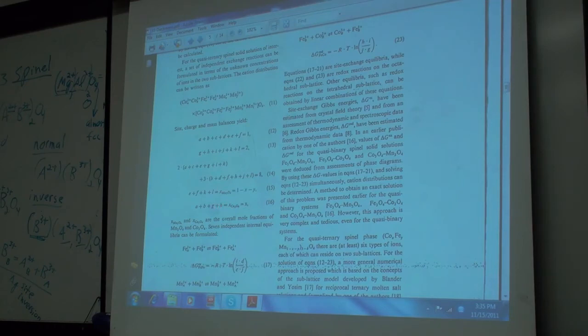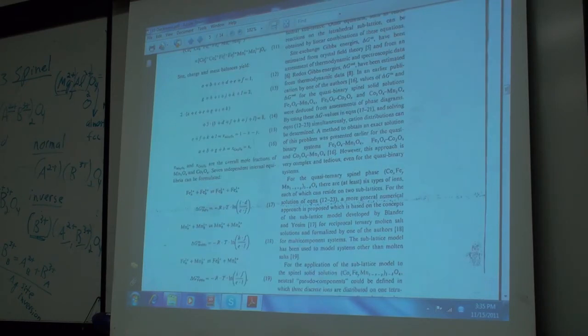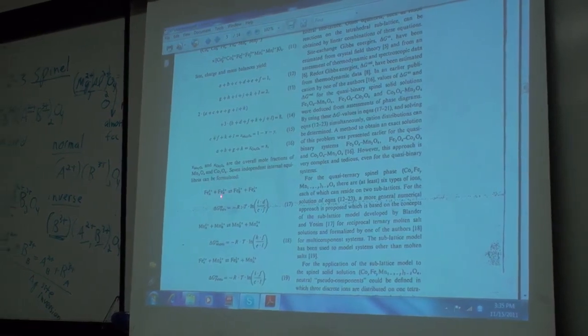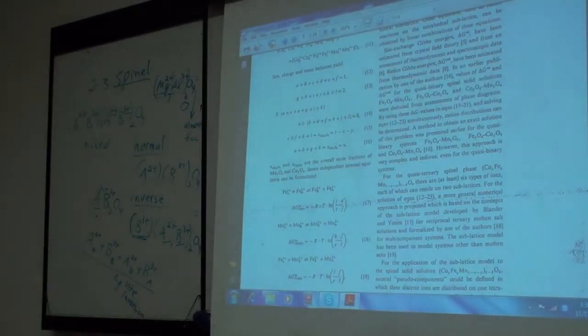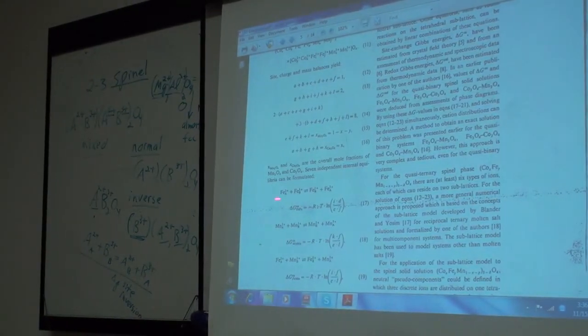Now then, we have to consider all the equilibria between them. So here we have a site exchange reaction like this between the iron 2 plus and the iron 3 pluses. Okay, so this is one site exchange reaction. So the delta G of that site exchange reaction, which is a model parameter, is minus RT log of the concentrations of this times this over this times this.